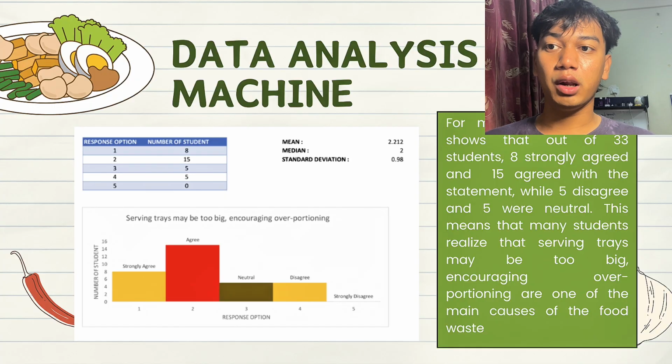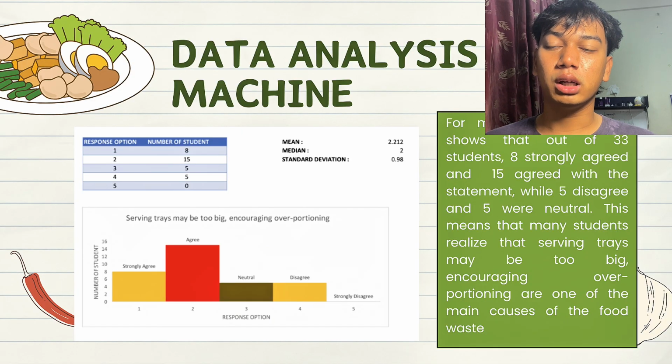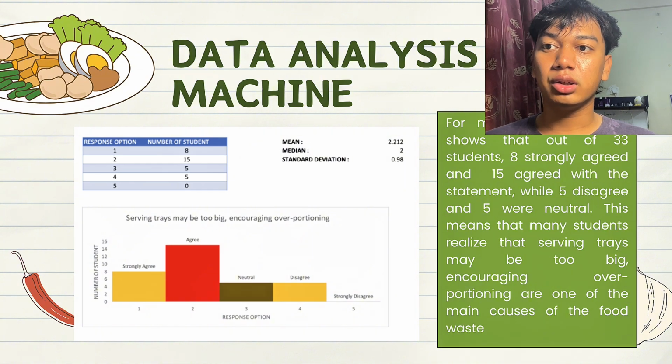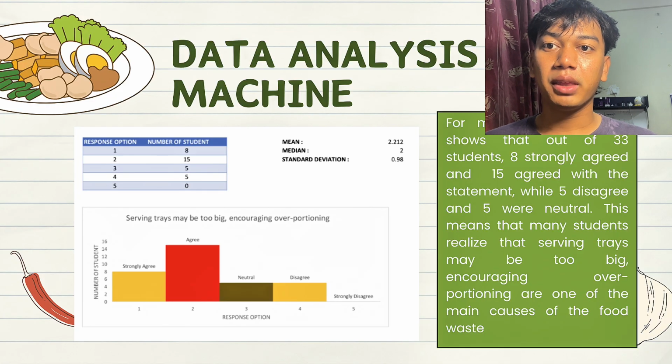The mean value is 2.212, and the median is 2, showing that most responses lean toward agreement. This suggests that large serving trays may cause students to take more food than they can finish, and this increases food waste.